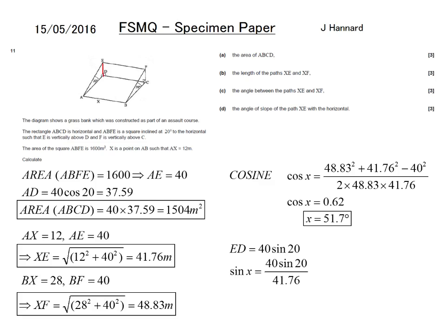And sin x equals 40 sin 20 over 41.76, which is this line here. And remember, the angle we're looking for is that one there, I think. It's very difficult to do 3D. So sin x equals that, shift sin that, and you get 19.1 degrees.